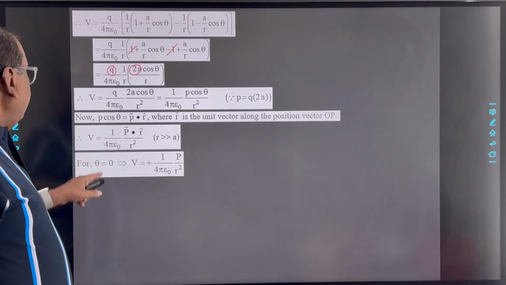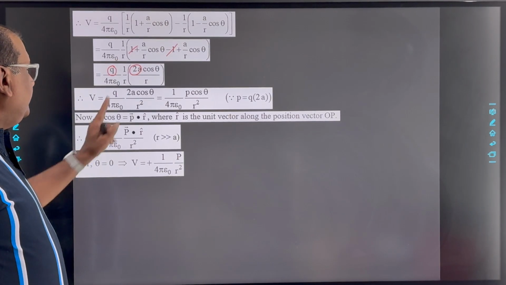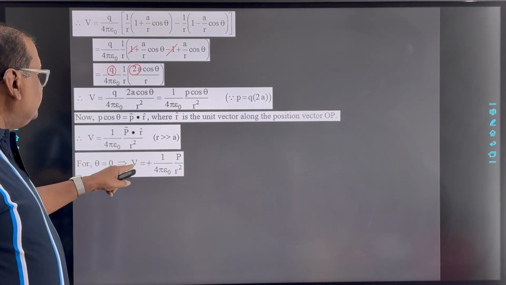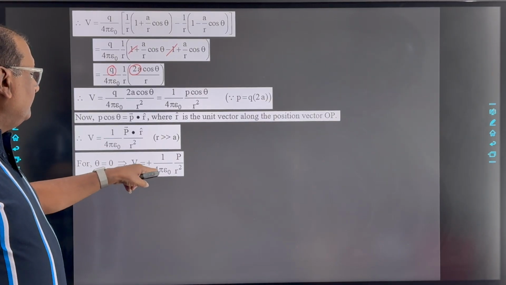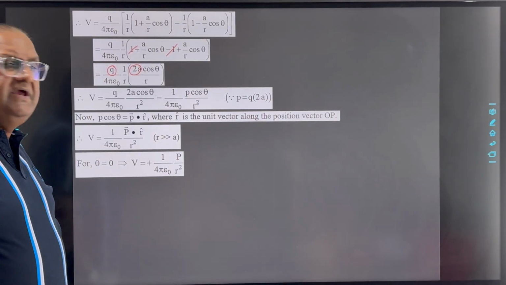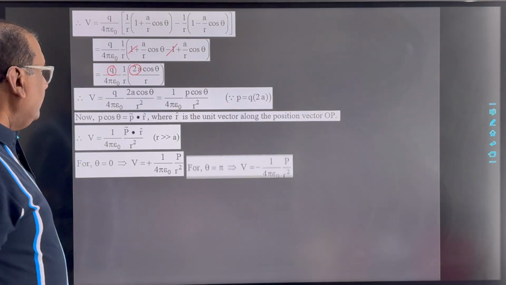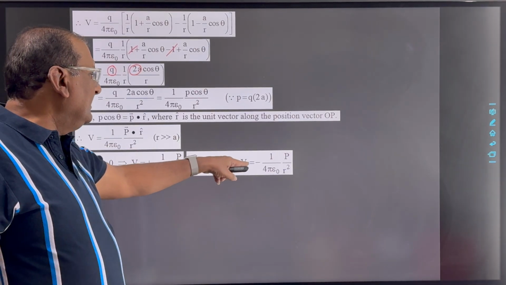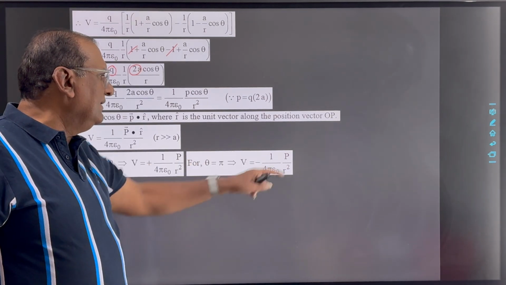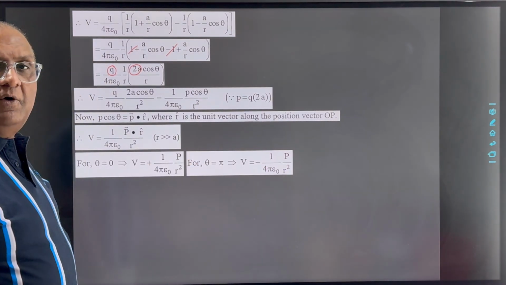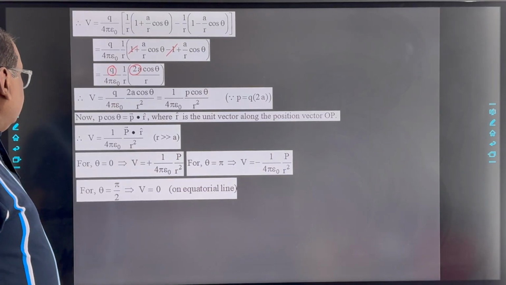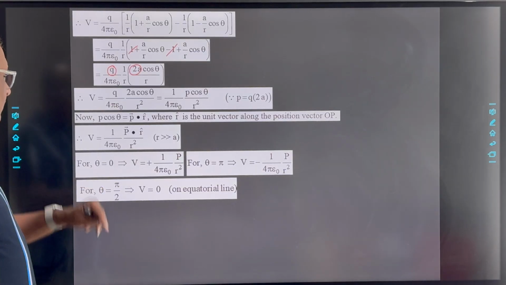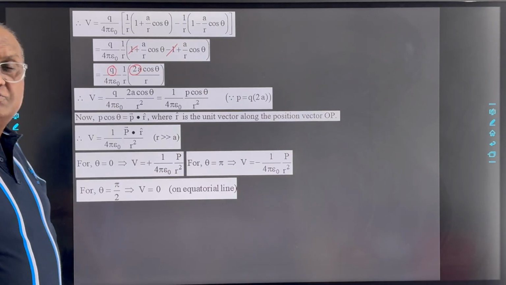Now, if theta is equal to 0 here, then potential will be 1 upon 4 pi epsilon 0 P upon R square. If theta is pi, then cos pi is minus 1, so V is minus 1 upon 4 pi epsilon 0 P upon R square. And if theta is equal to pi by 2, then V equal to 0.